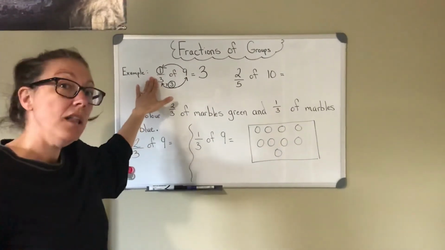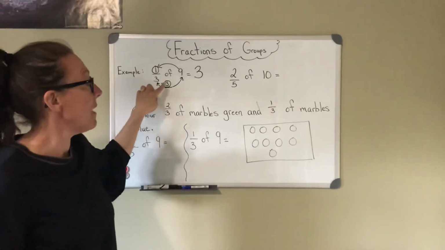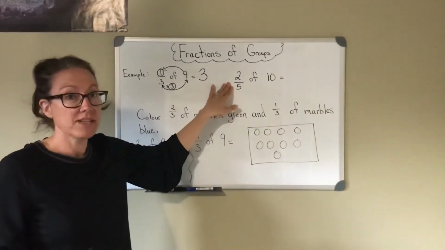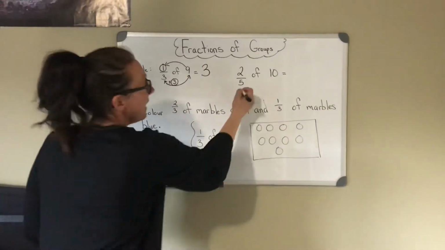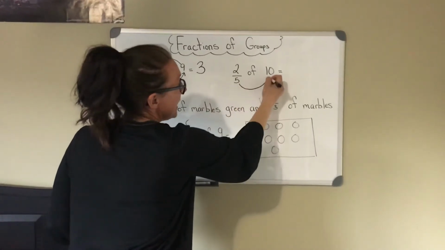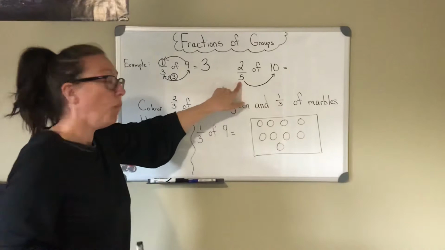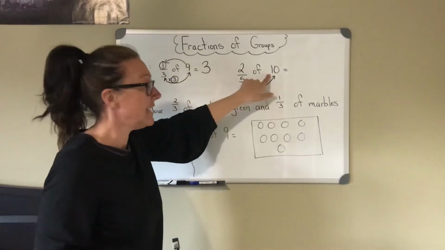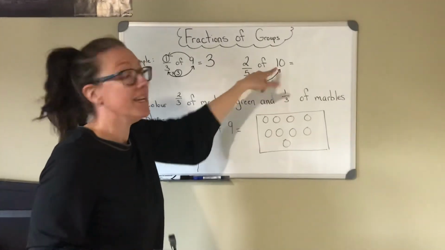That works well when you have a multiple of 1 because you're only multiplying it by 1. But when you get into a fraction such as 2/5 of 10, once again, you can look at the 2 numbers here, so the denominator, and you can ask yourself, what do I have to multiply 5 by to get to 10? Or what do I get when I divide 5 into 10?